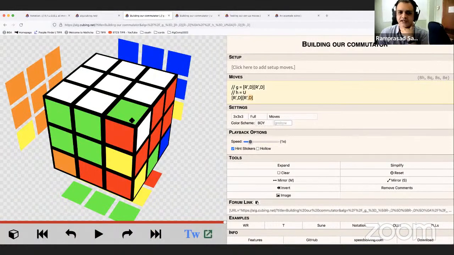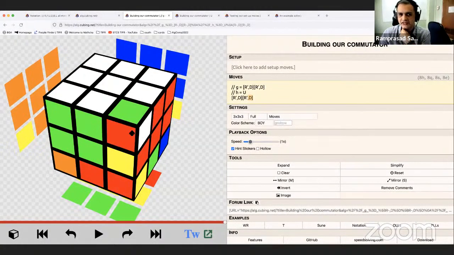So can someone tell me what the commutator of this G and H is going to be? Once again, let's ask, what is the common piece that is moved? That is this corner. What's the pre-image of this common piece under, say, the up move? That's going to be that corner.